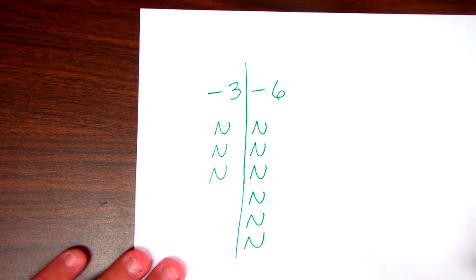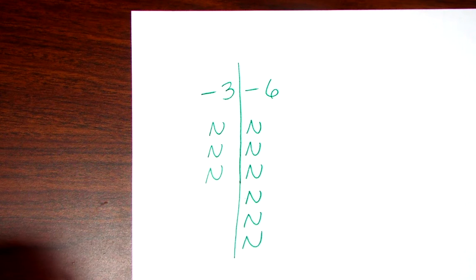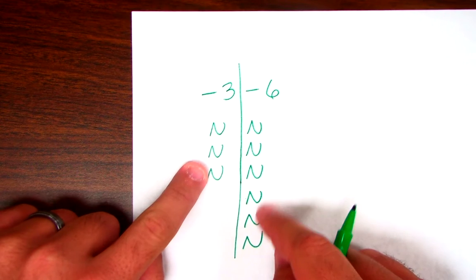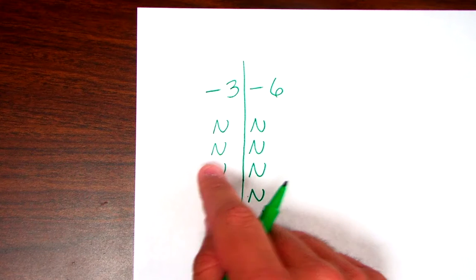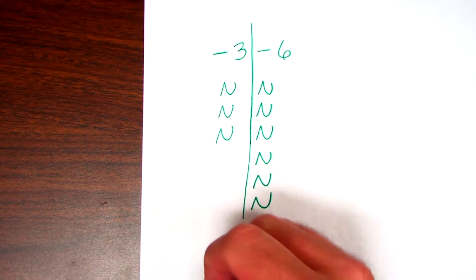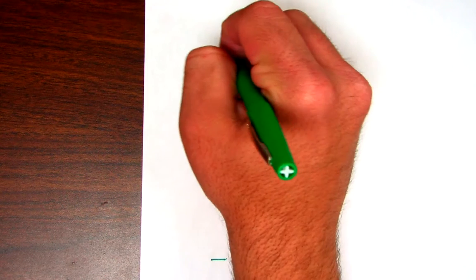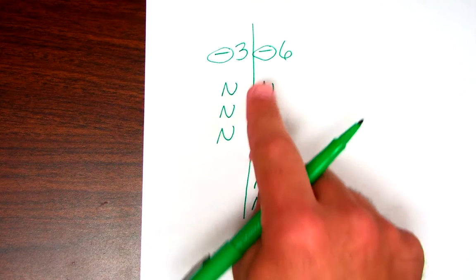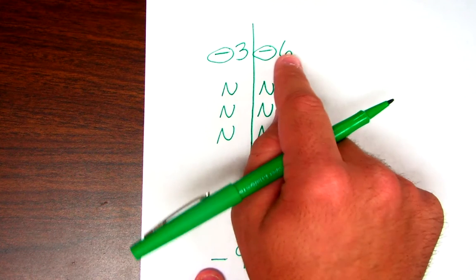Well, let's see. Are there any zero pairs that I can cancel out? No, they all have the same letter N because they're all negative people. So if you have 3 negative people and you have 6 more negative people, you're going to have a total of 9 negative people. Also in my notes, I said if the signs are the same, see how the signs are the same? You keep the sign and you just add the numbers.